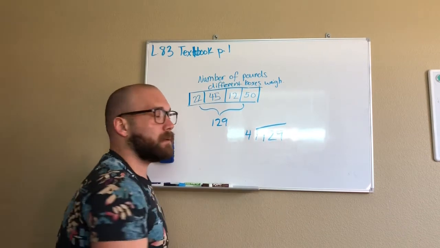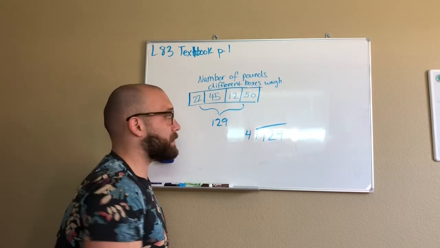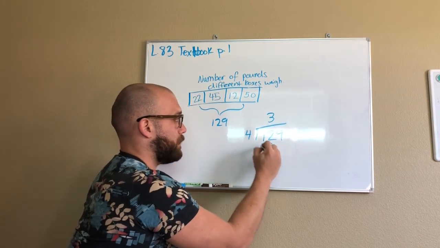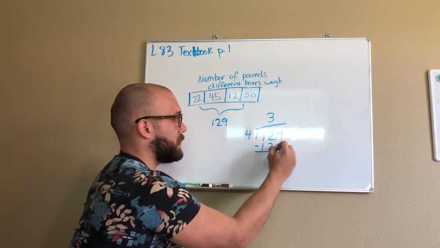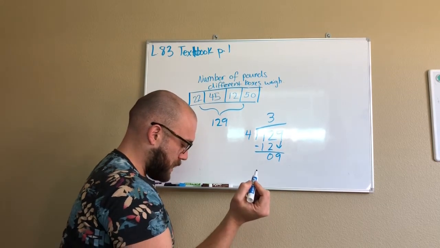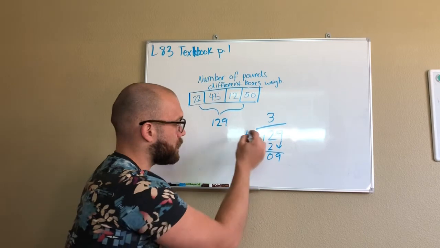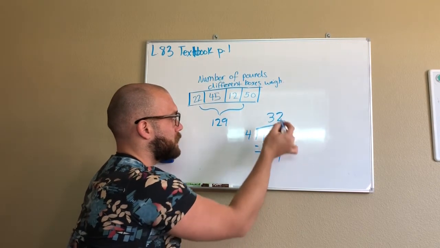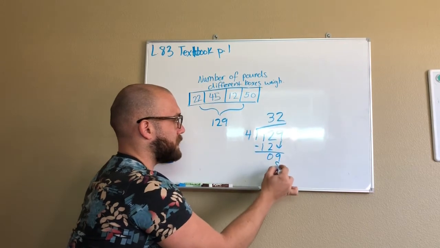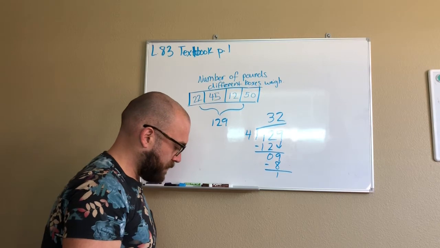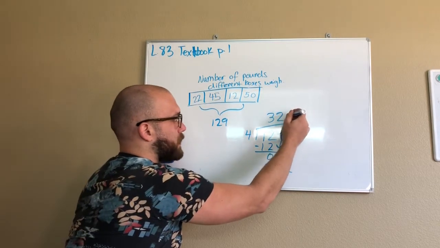4 can't go into 1, but it can go into 12 3 times, because 3 times 4 is 12. Minus that, 0, bring down the 1, and 9. And then 4 goes into 9 2 times, because 2 times 4 is 8, with a remainder of 1, and that is my remainder.